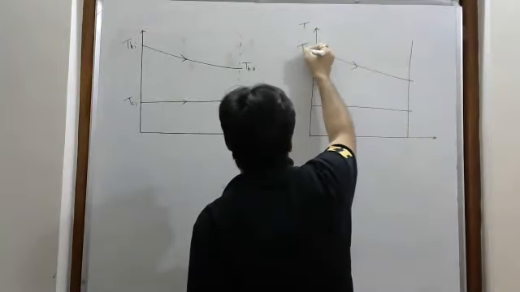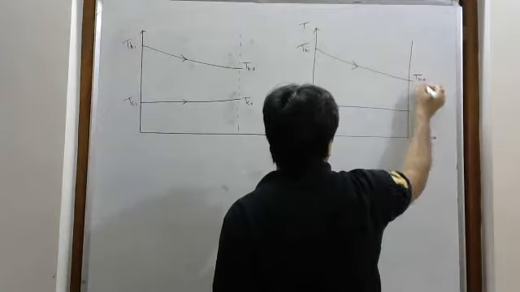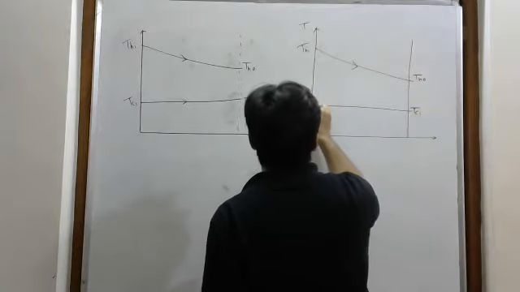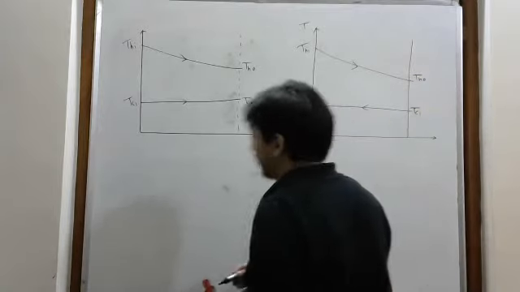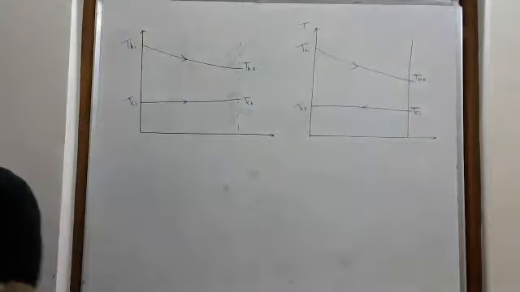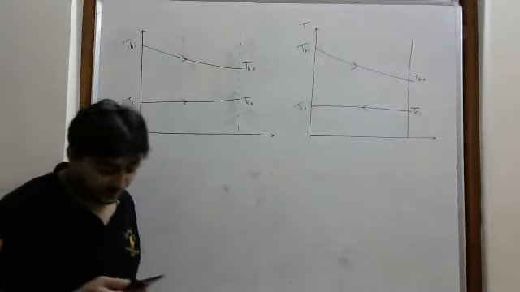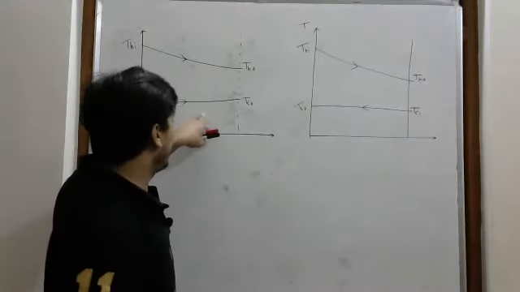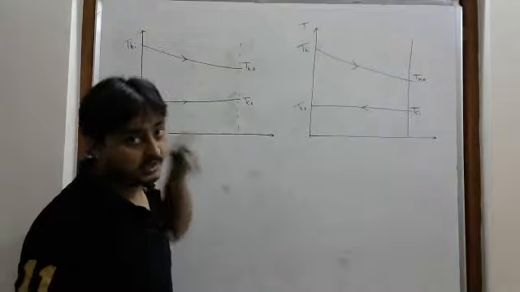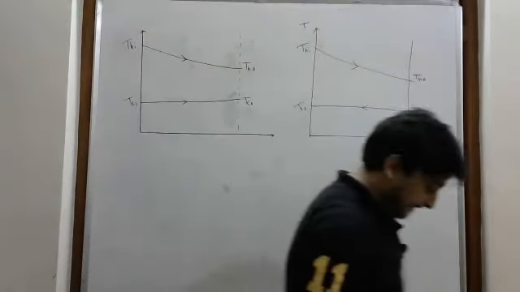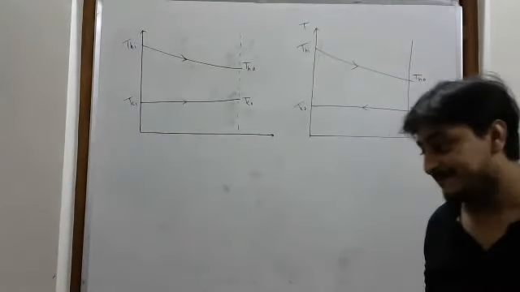This is THI, this is THO, this is TCI, TCO. I am drawing for counter flow. This is the temperature axis. This is THI, THO, TCI, TCO. This is counter flow. Can anyone tell which device I have made?